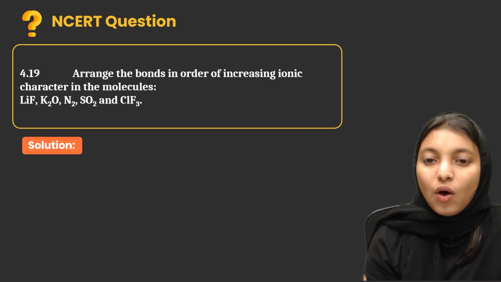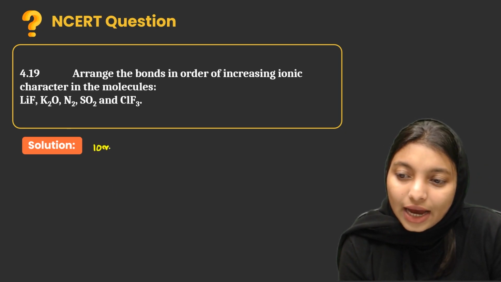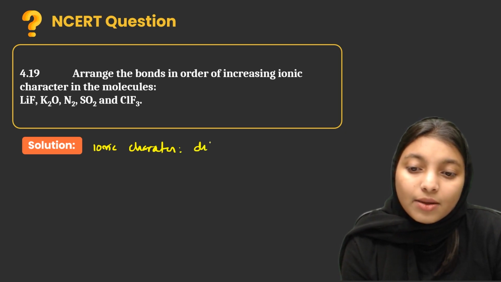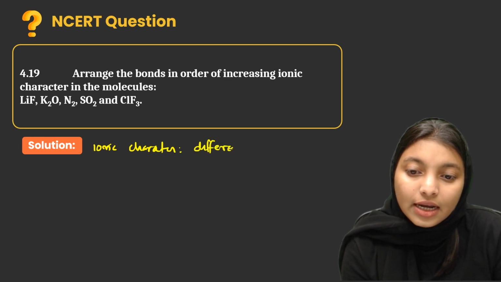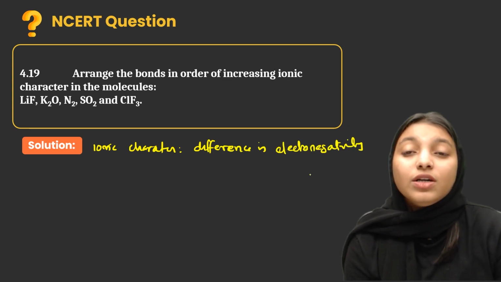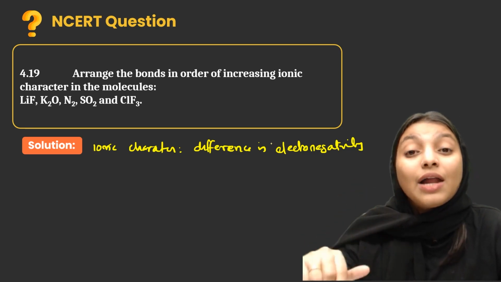Arrange the bonds in the order of increasing ionic character in a molecule. To increase the ionic character in a molecule, there must be a difference in the electronegativity of the elements. If there is a high difference in electronegativity of the combining atoms, they are more ionic.